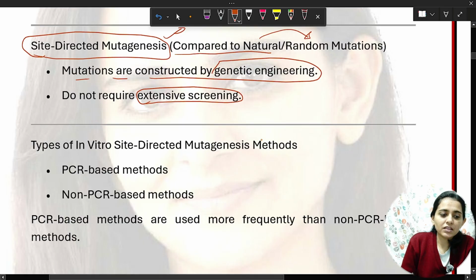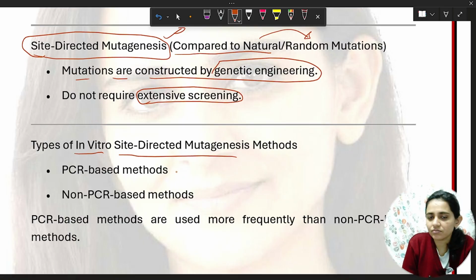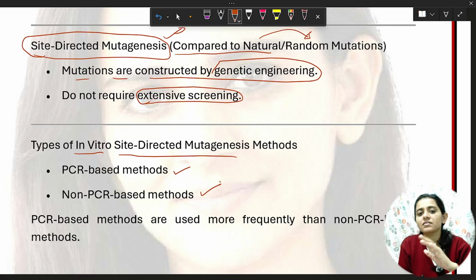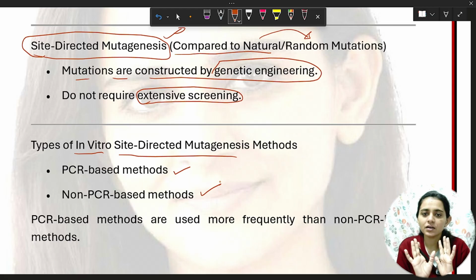Types of in vitro site-directed mutagenesis, as we already discussed, are PCR based and non-PCR based. Two types of site-specific mutagenesis: one is PCR based and the second is non-PCR based, in which we are not using the PCR tool.